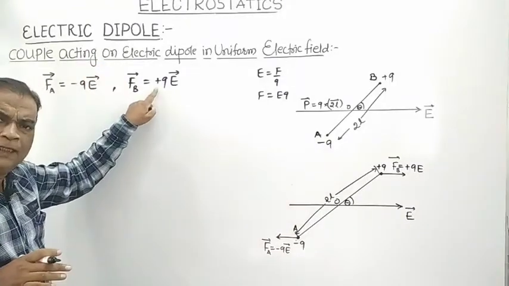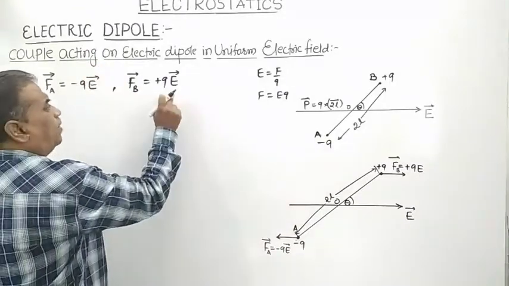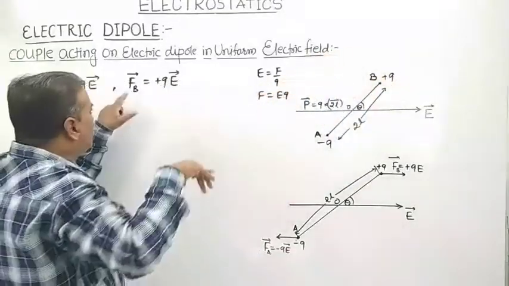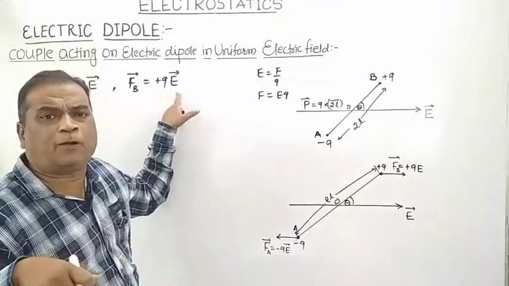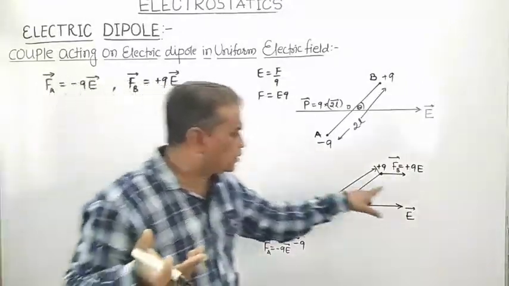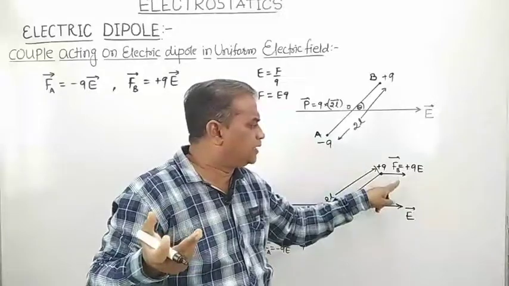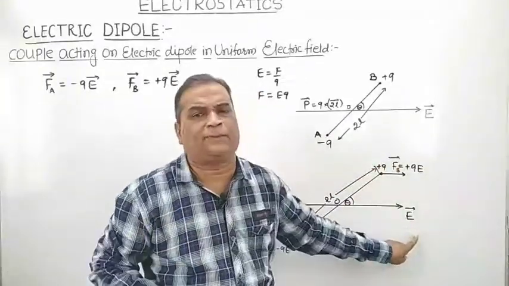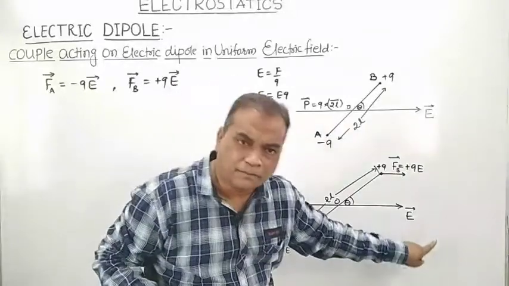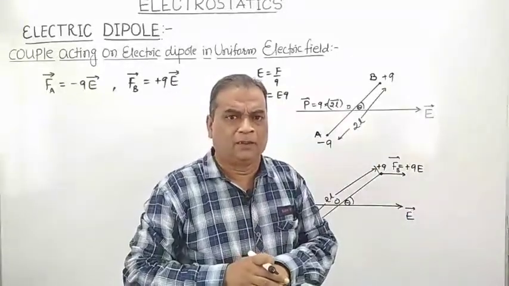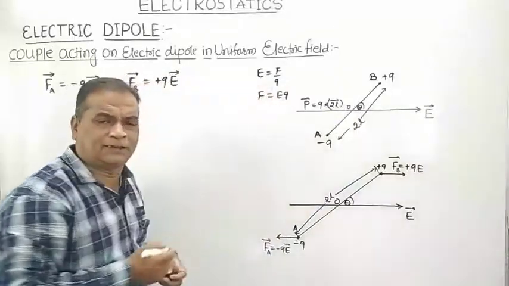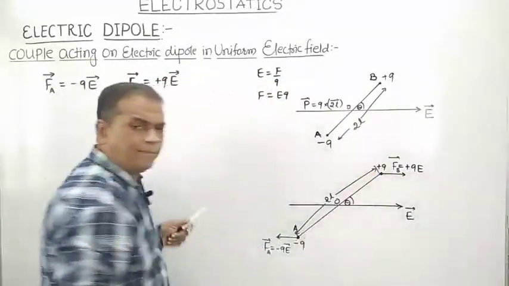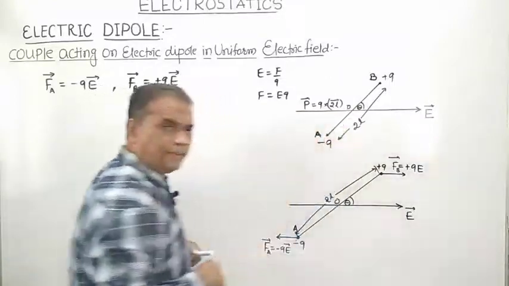Here the positive sign indicates that the direction of force acting on charge plus q at point B is the same as the direction of what? The electric field intensity. So that's why FB is shown by an arrow pointing in the same direction as the electric field intensity. So the two equal and opposite charges of the electric dipole are acted upon by forces Fa and Fb.